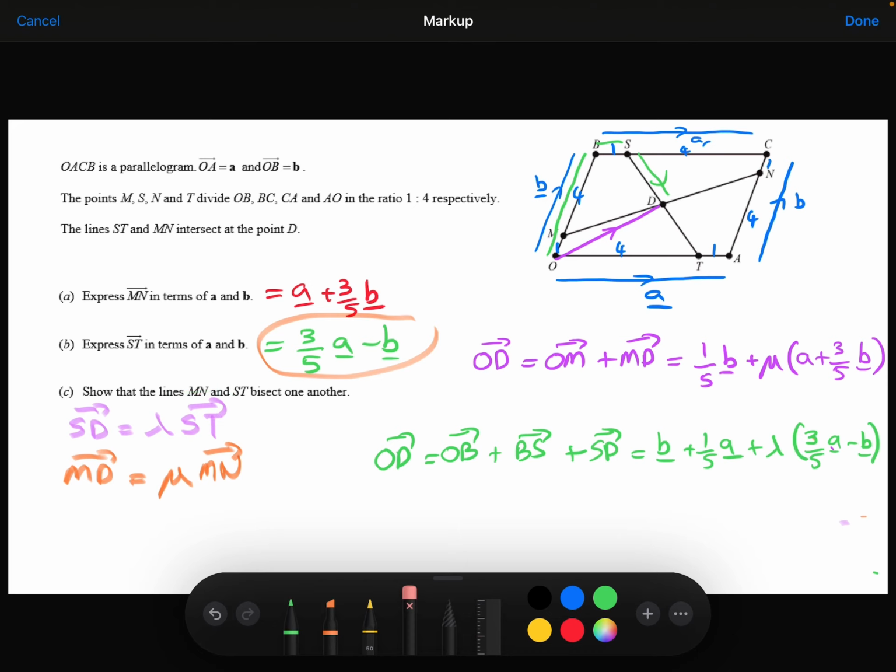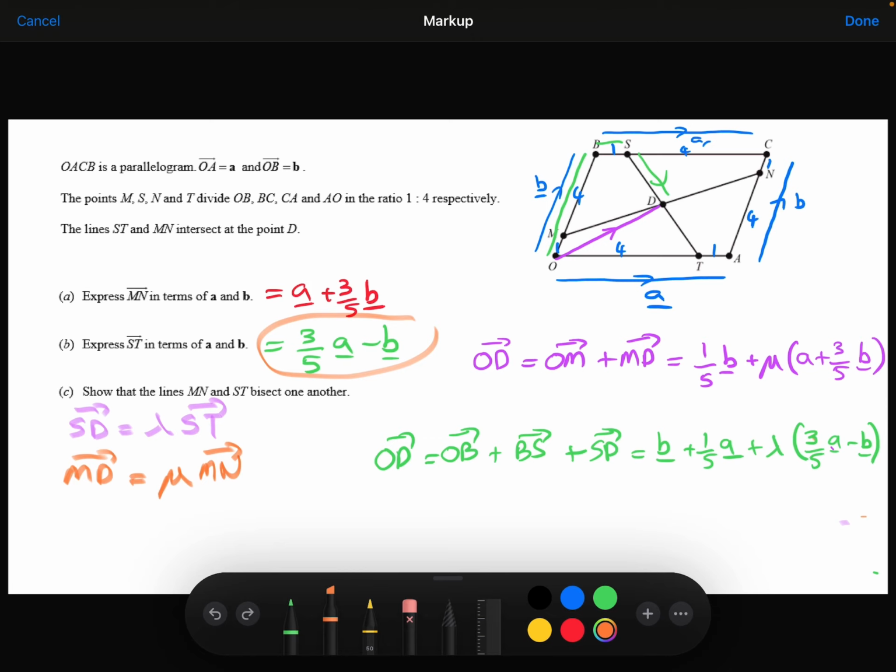These two vectors are the same thing. They both represent O to D, which means that this should be the same as this. And we're going to compare them now.